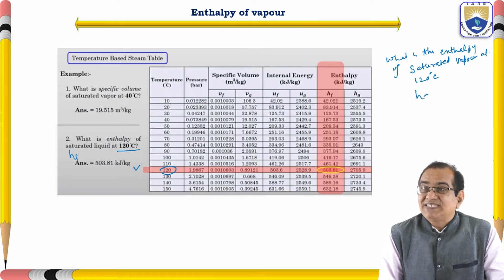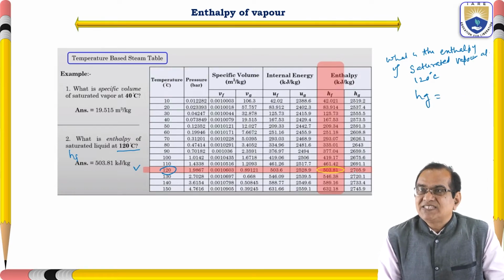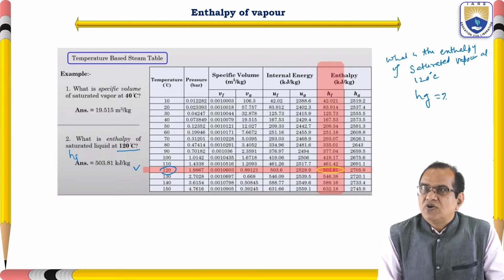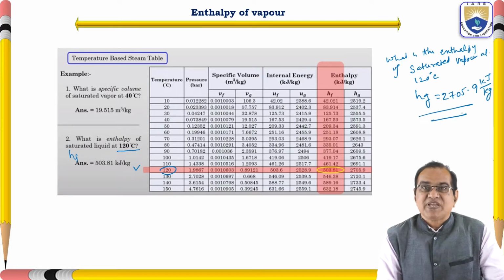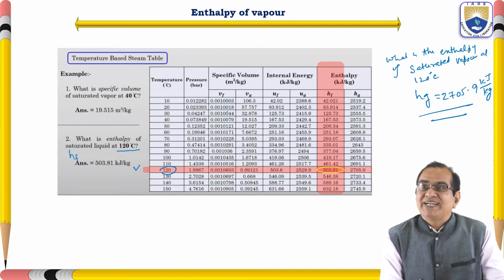You have to find now Hg. So how much is the Hg? Hg is 2705.9, and you have to put this value with unit kilojoule per kg. This is the answer. Same way you can find out the internal energy.